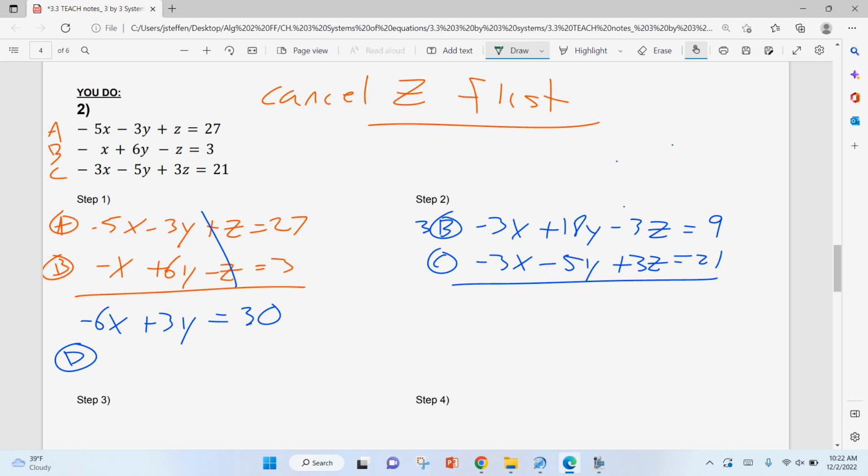If you'd used A, you'd have to multiply everything by negative 3, which is fine. But I multiply everything by 3 with B, which gives me a negative 3x and a negative 3x. Those do not cancel. Negative 3 plus negative 3 is negative 6x. The z's cancel because it's a negative and a positive, but if both of them are negative or both of them are positive, they do not cancel.